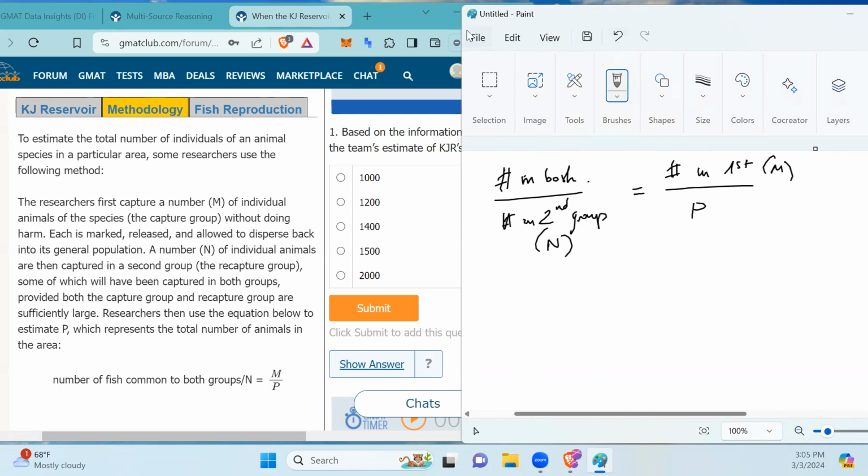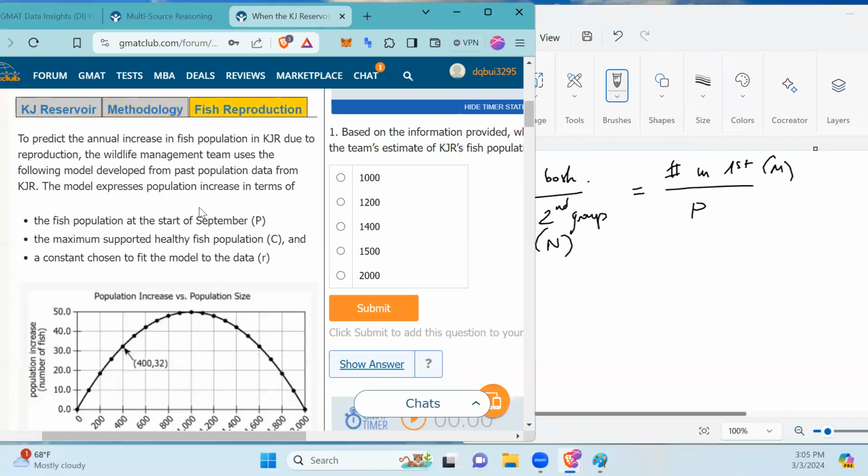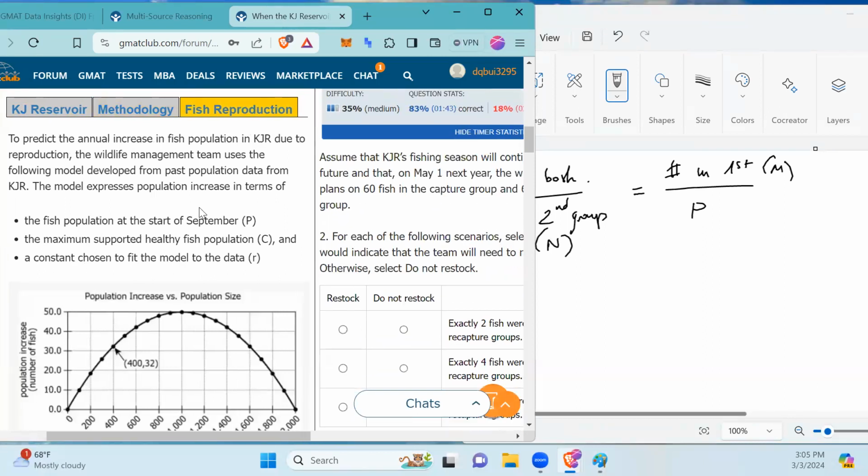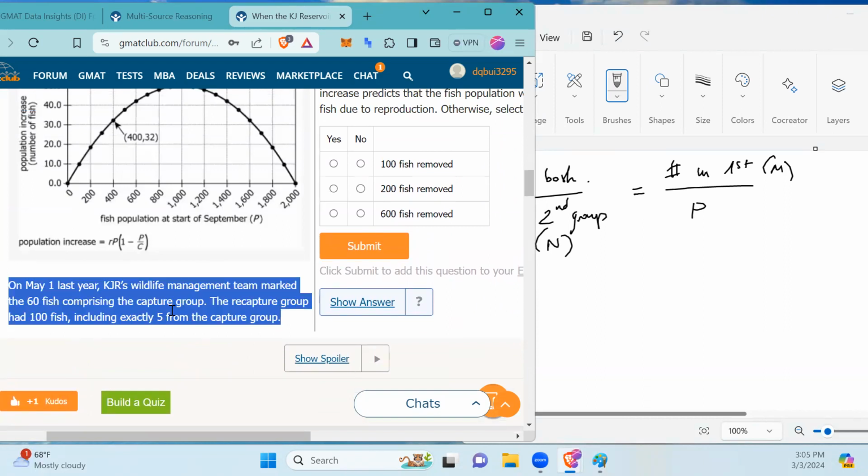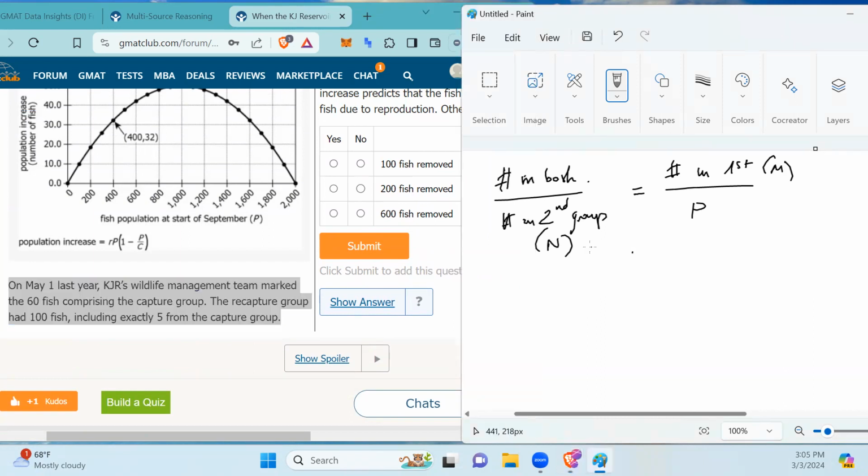Okay. So what information do we have? We have 60 fish in the capture group. So n equals 60. No, n equals 60.